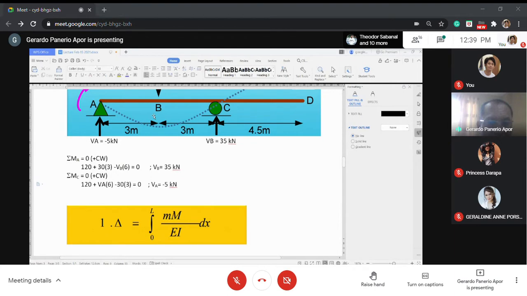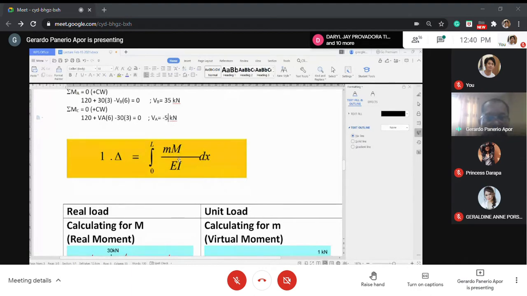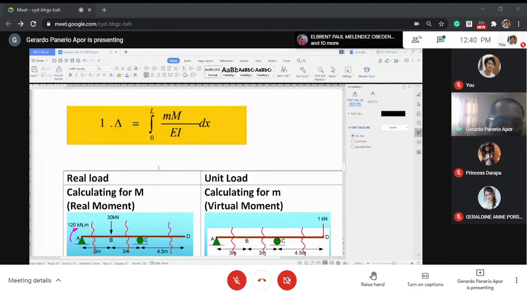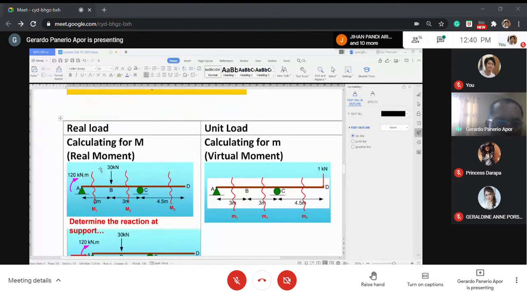Okay, like that. Because this formula requires integration from 0 to L, and 0 to L comprises AB, BC, and CD. That means that you are going to add the moment of AB, the moment of BC, and the moment of CD. So that is what we mean by 0 to L, no? We are going to calculate the big M for each. So that's why I divide it into three.